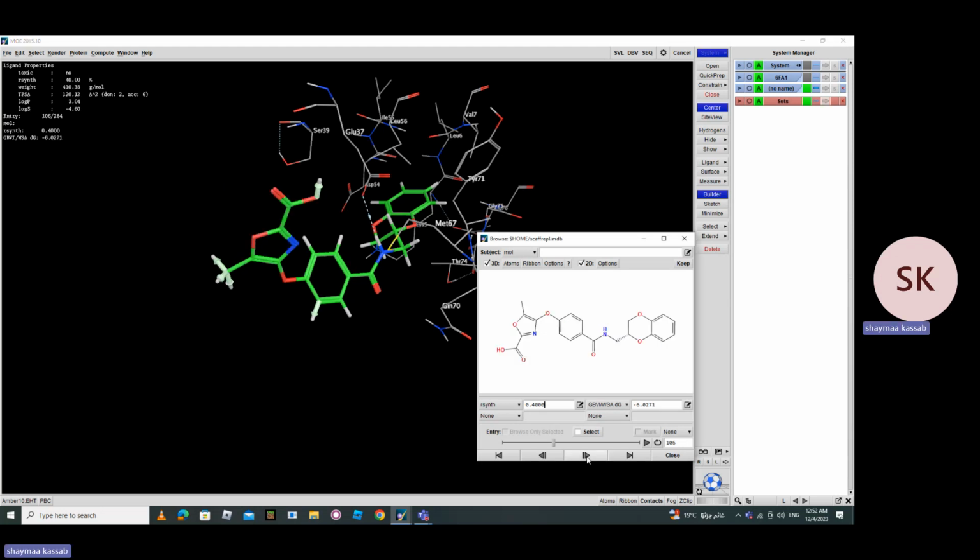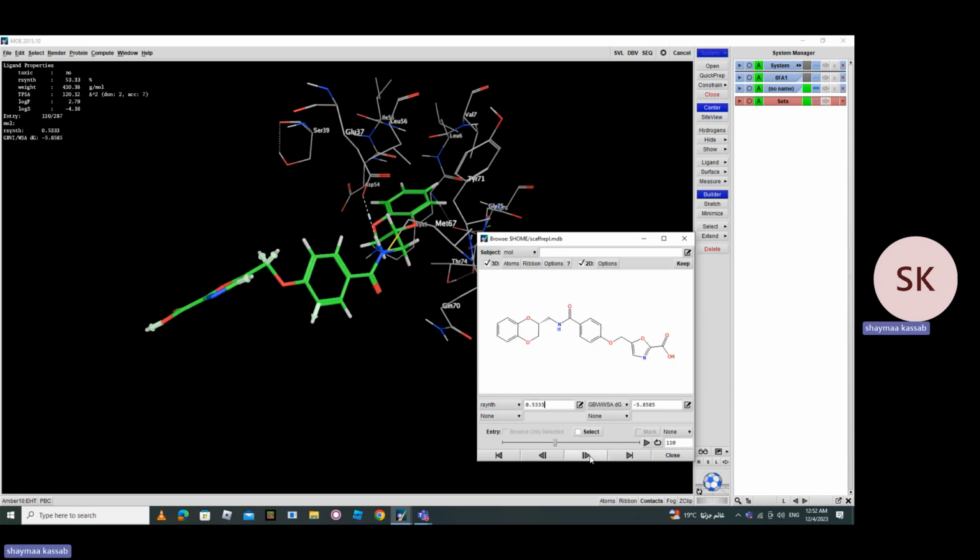You can check for more compounds in the whole library.